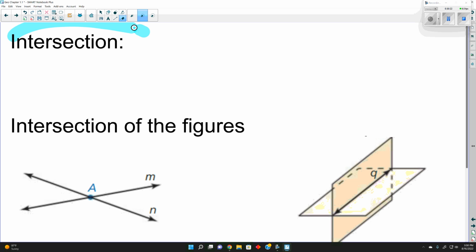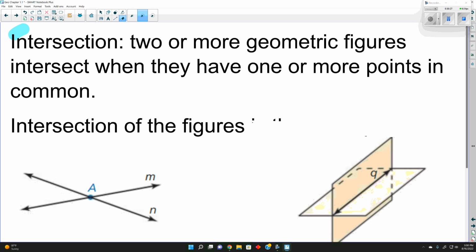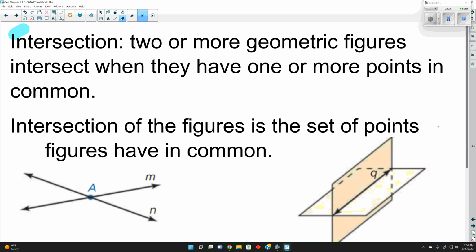Intersection. Two or more geometric figures intersect when they have one or more points in common. So we consider two things to intersect when they have one or more points in common. They share points. The intersection of figures is the set of points the figures have in common.